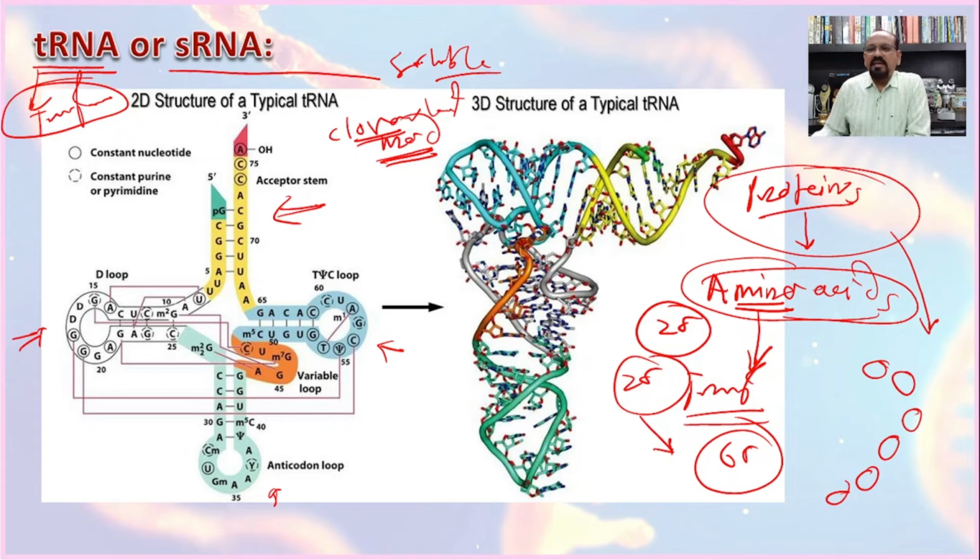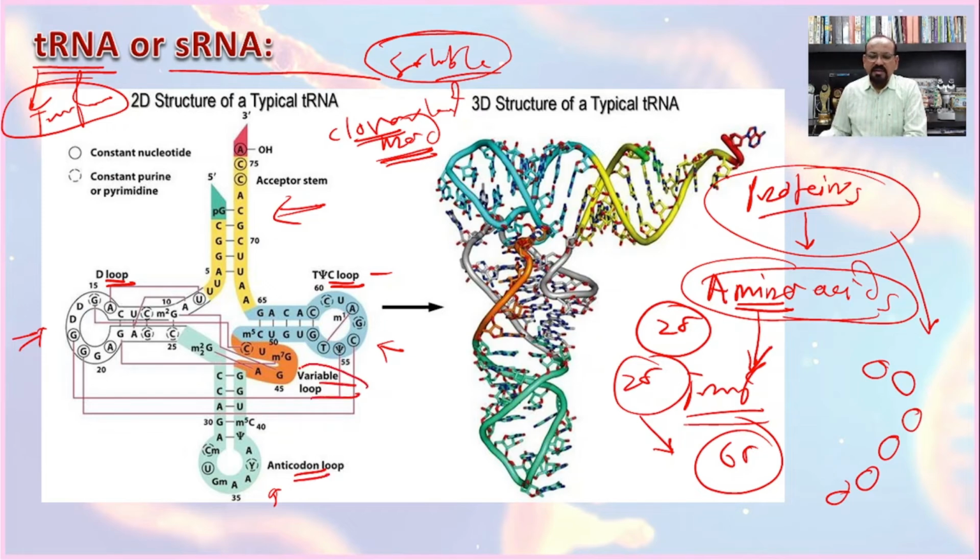Now, because of its very small size among the RNAs, the tRNA is also known as the soluble RNA. This clover leaf model is distinguished into the T-loop, then the DHU loop, the anticodon loop and the variable loop.